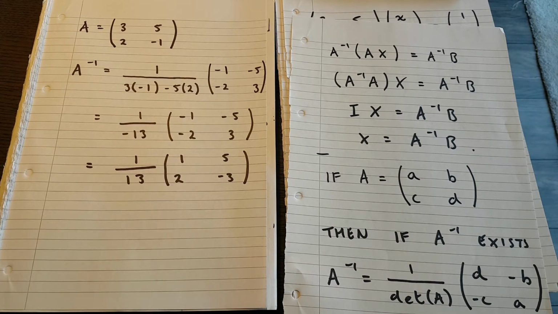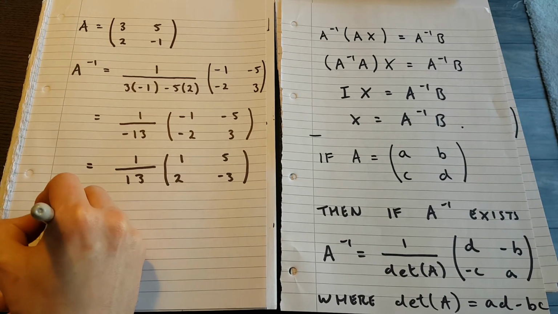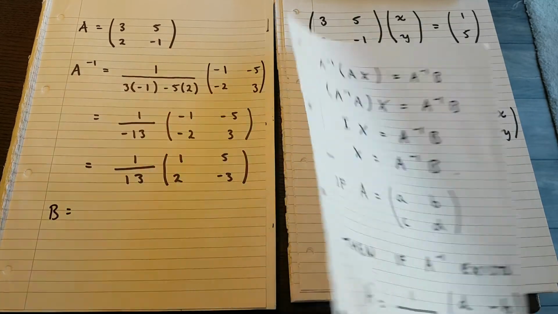I would always prefer to switch things around so that I have fewer minus signs, because fewer minus signs means less possibility of minus sign mistakes in calculation. So this is my A inverse, and B was the matrix what?